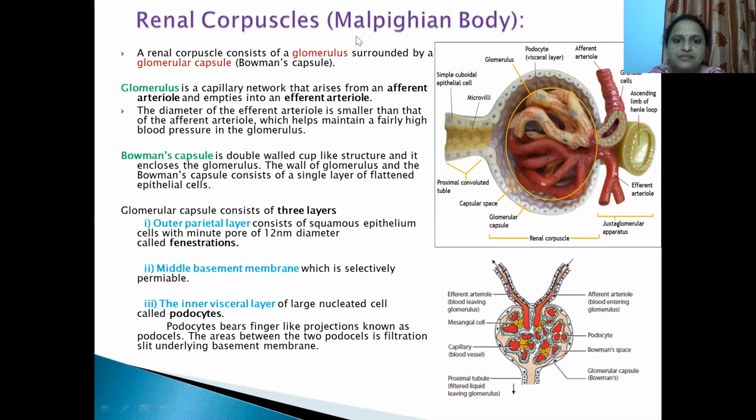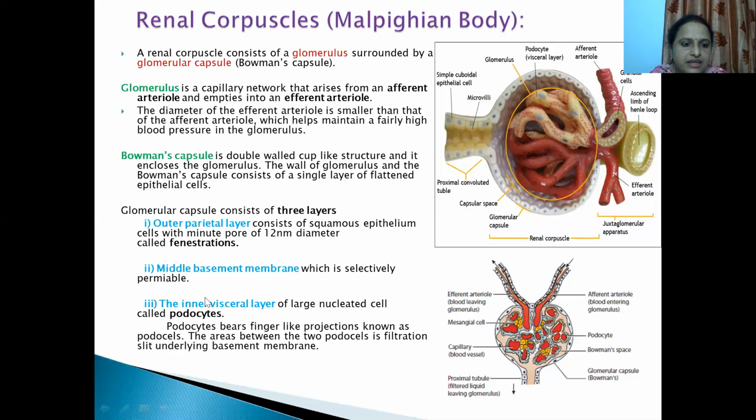Renal corpuscle or Malpighian body consists of two structures. One is the cup-like structure called Bowman's capsule. The inner network of blood capillaries is called the glomerulus. And one important point to be noted is that the diameter of the afferent arteriole is larger when compared to the diameter of the efferent arteriole.